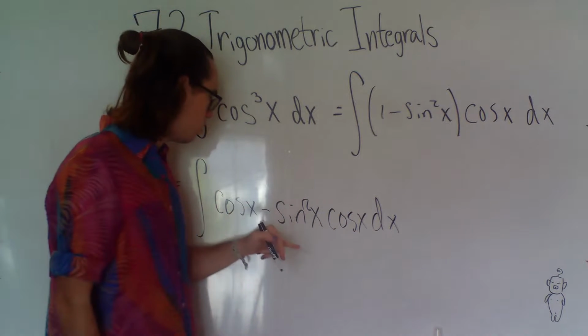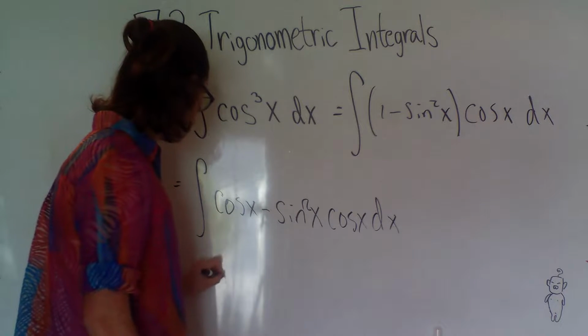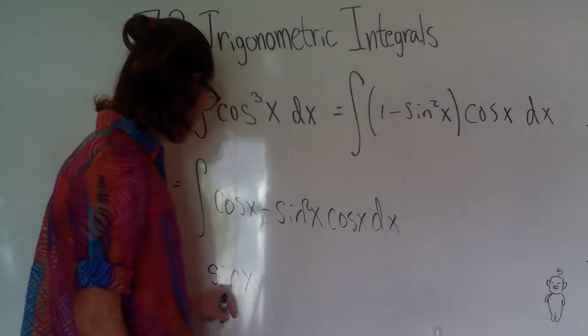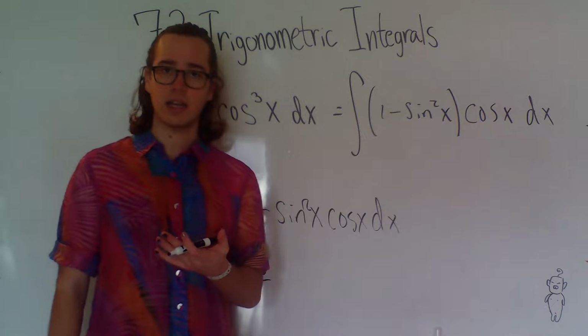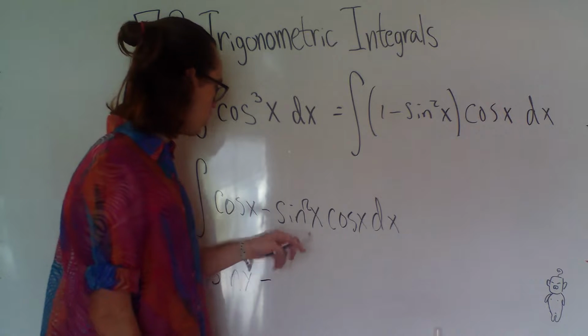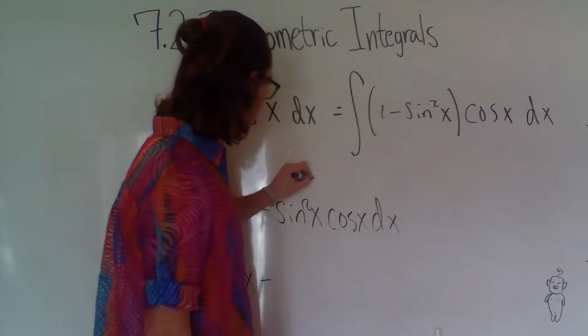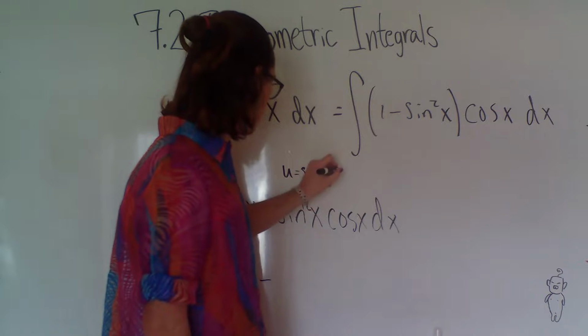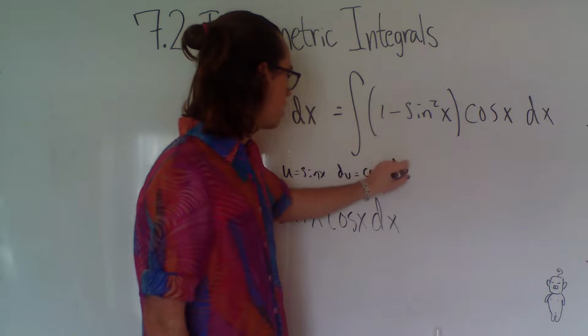And we know the integral of cosine is sine x, and then minus, if we do a u substitution here, we say u equals sine x, and then du equals cosine x dx.